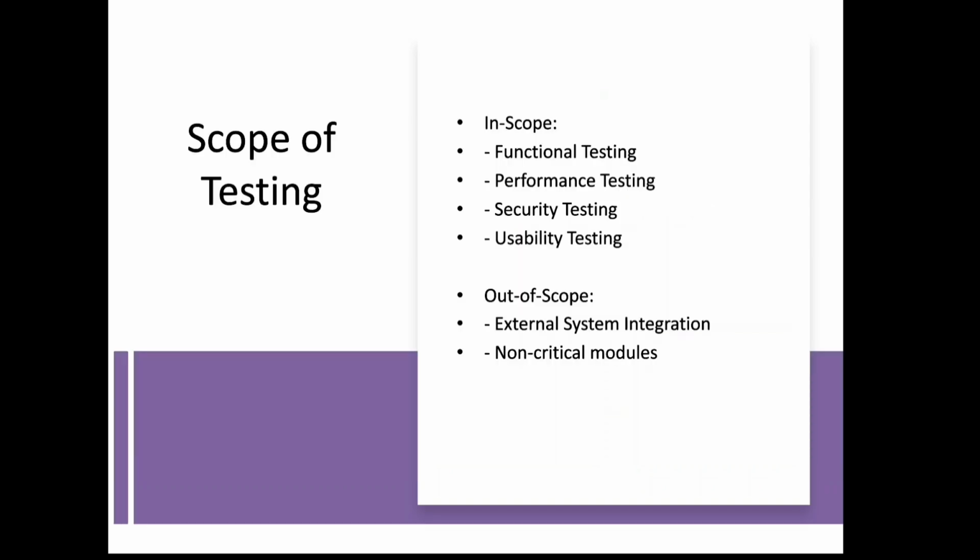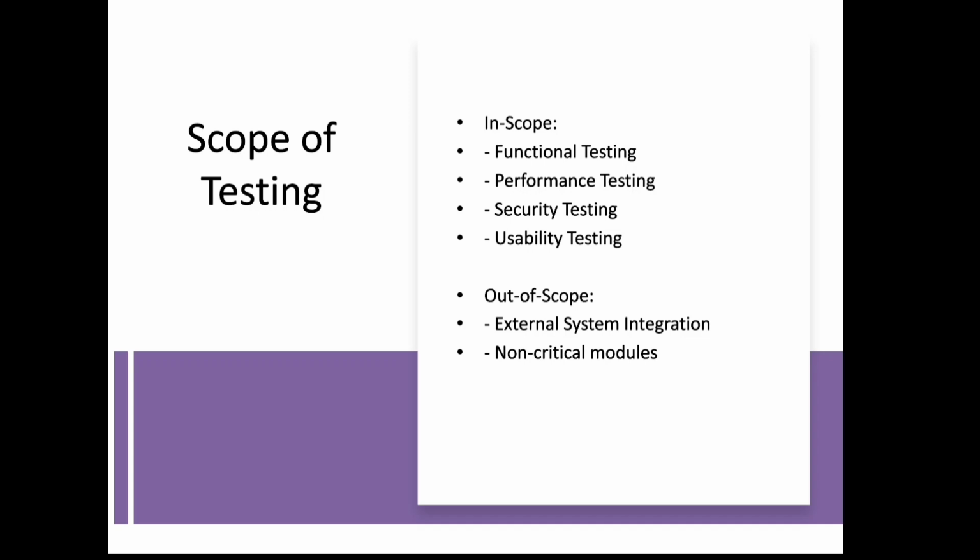Now here we will also discuss the scope of testing. Performance testing we need to do. If the software has already been built and we just integrate some feature, story or task, then we need to do integration testing. We also need to do security testing and usability testing from a user's point of view.